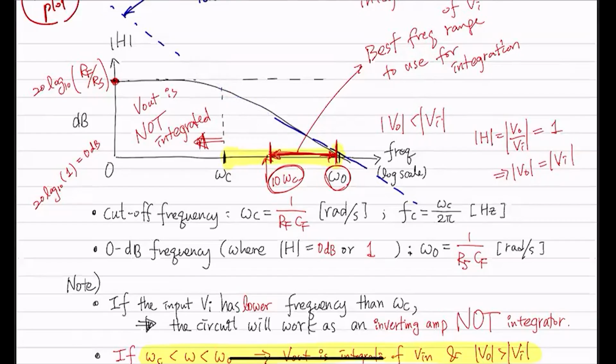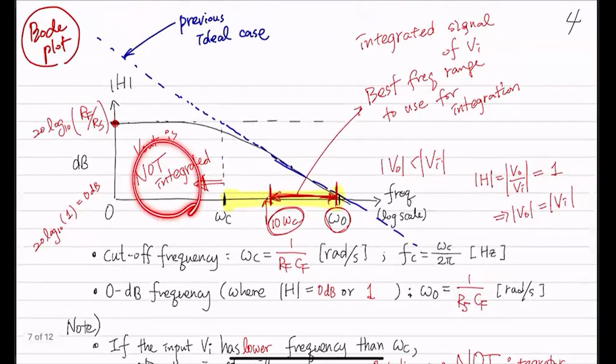Okay, so we have an ideal line like that, and this black curve is the practical one. And as I explained why we're not using this region, the ideal curve and the practical curve are totally different, so it's not being integrated. What about this here?